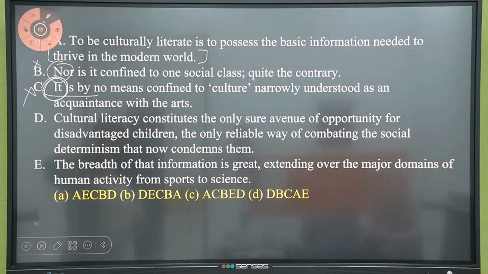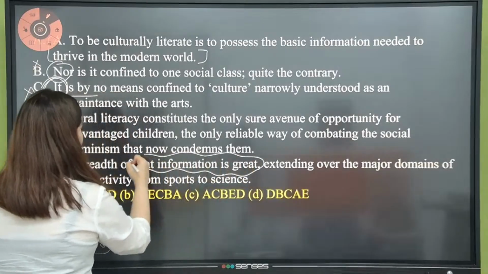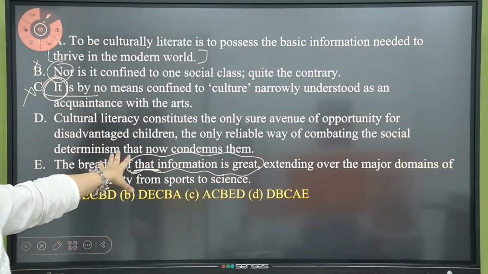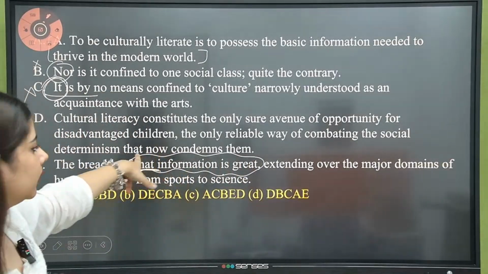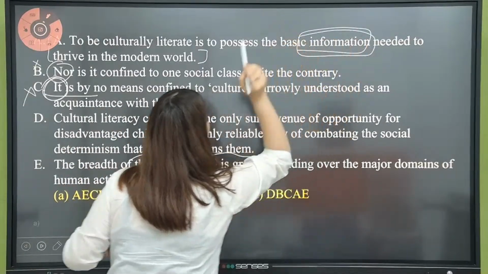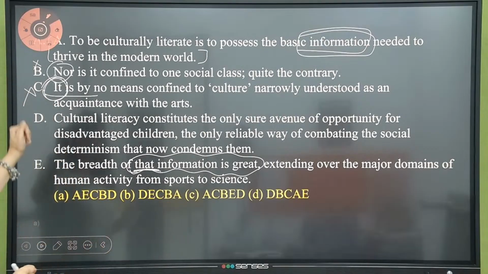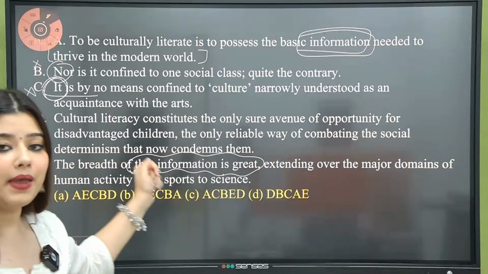Let's have a look at the last sentence. The breadth of that information is great. Now, the breadth of that information. What is this information? What is that here? This. Right? So, A and E actually form a mandatory pair here.